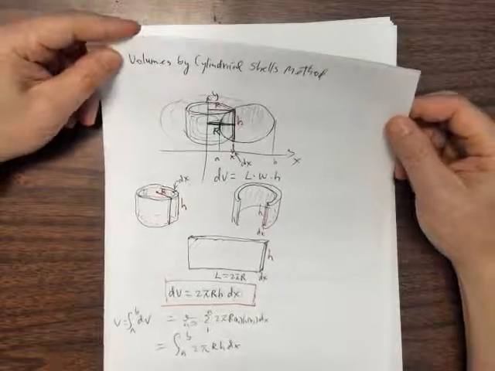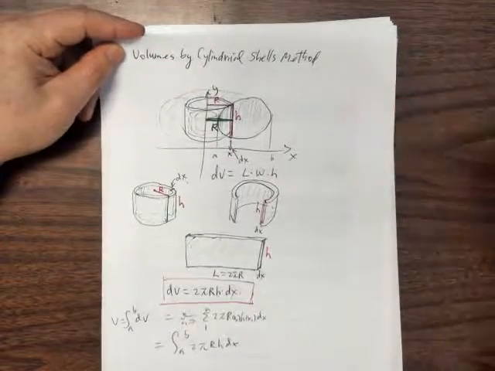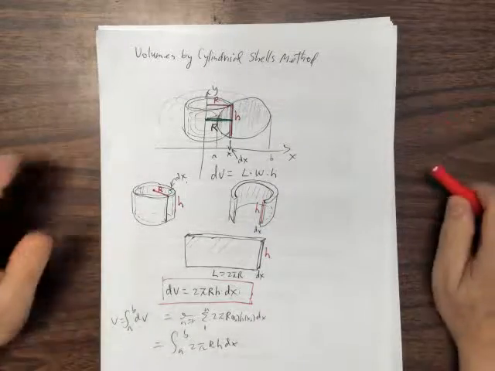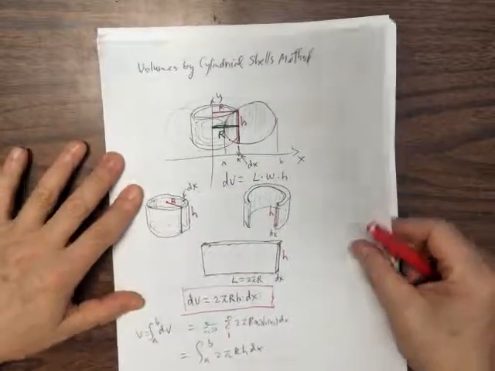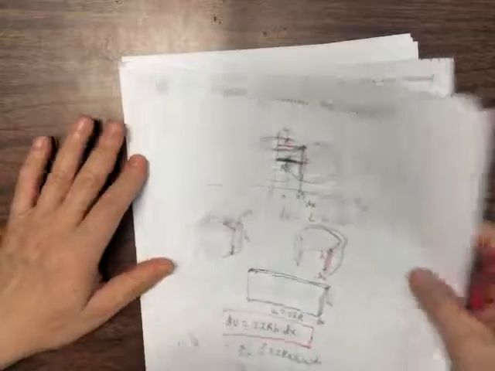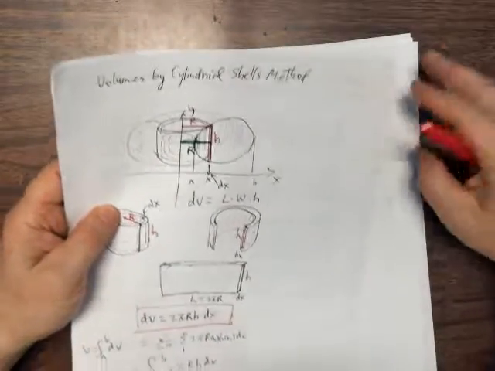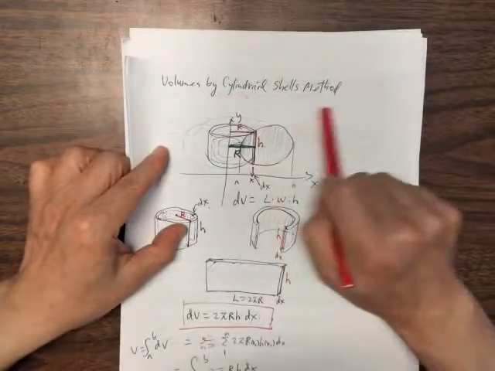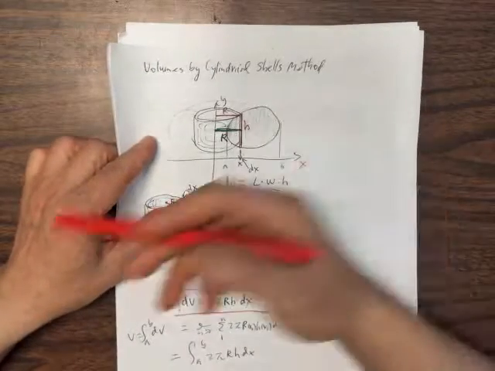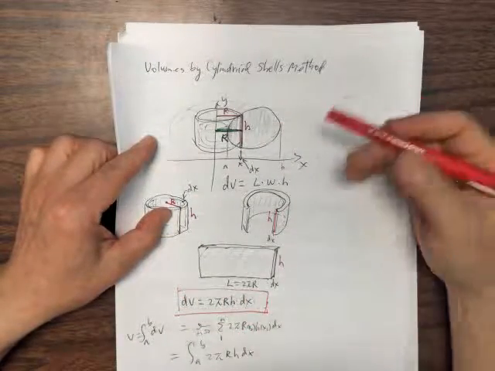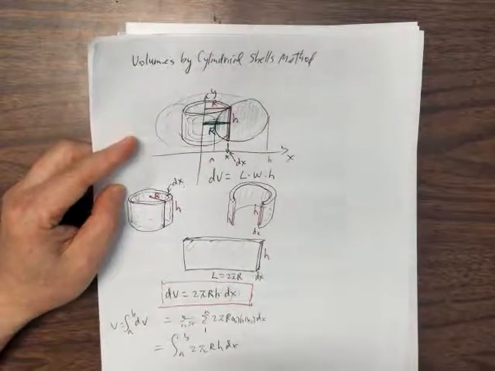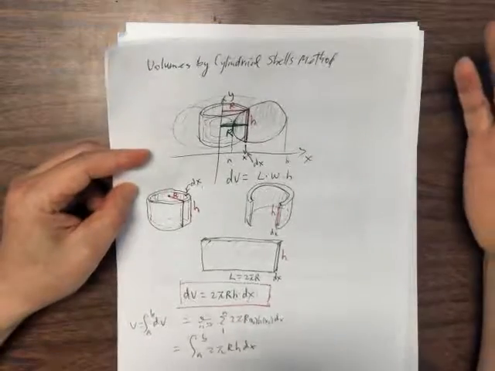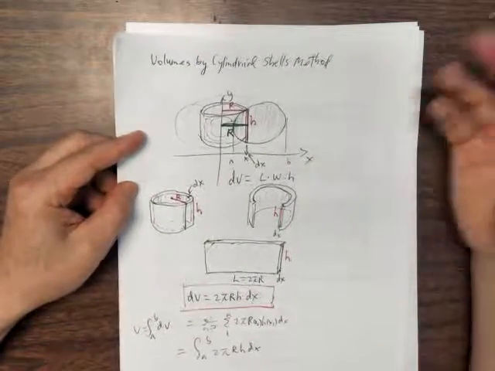Now, a lot of these problems concerning volume of revolution, we could actually do in a different way. We could apply the cylindrical shell method to do it, or we could do the washer method too. In general, well, before I talk about that, you need to know both.